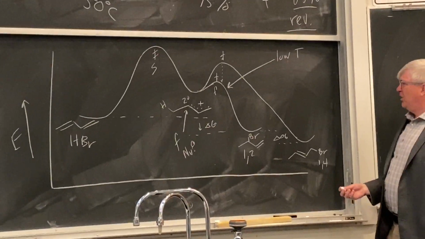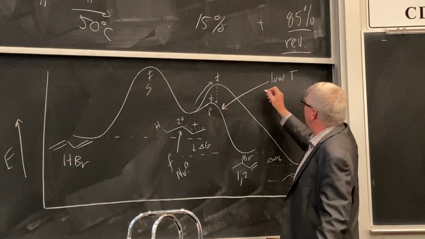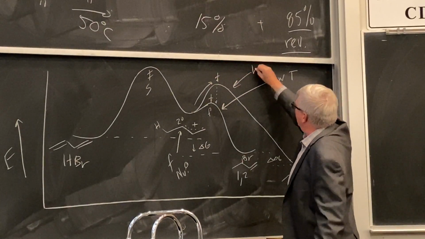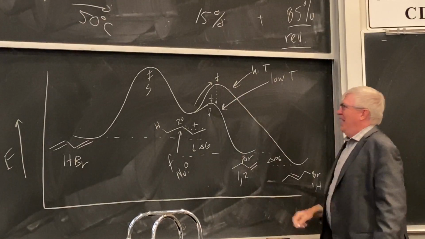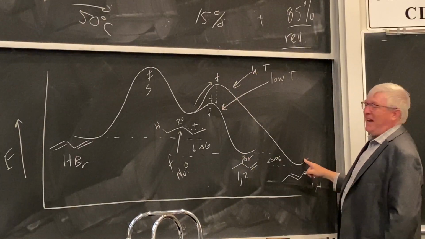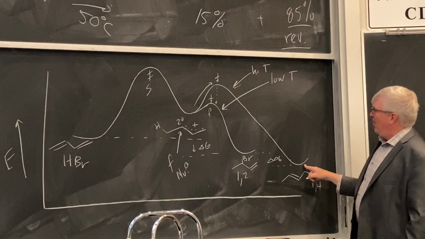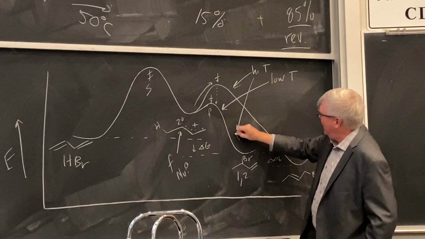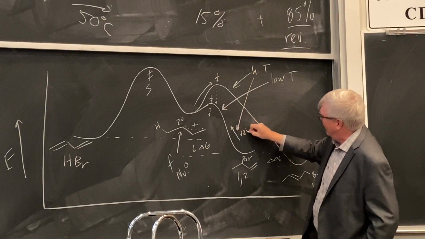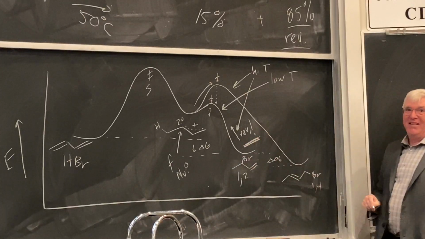If we have more temperature available, though, we can begin to breach this barrier here. This is the high temperature thing, okay? And fine, we have more of that going here. And notice that's the more stable product. But you see, at higher temperature, we get this beginning to reverse. And that's the key right there, I think, right?